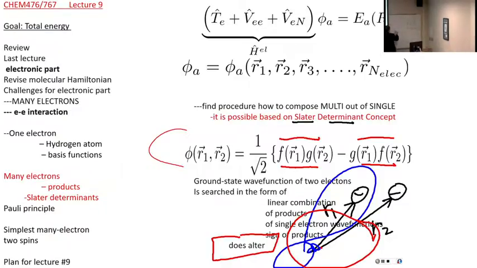So phi 1 R1, phi 2 R2 on the diagonal, phi 2 R1, phi 1 R2 on the off diagonal. And if you take the determinant, we will get exactly this expression, right? So Slater took into account antisymmetry, and the determinant took into account a comfortable way to represent it. Make sense?